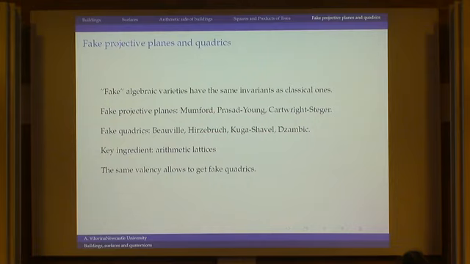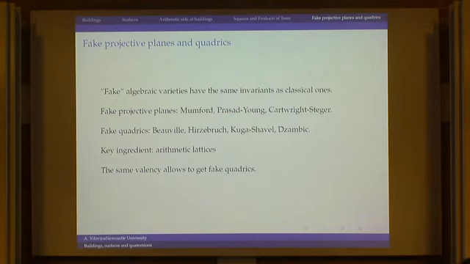This was the first example, constructed by Mumford in '79, and I think there are very few people who understand all the details of this construction. Again, most likely no one.